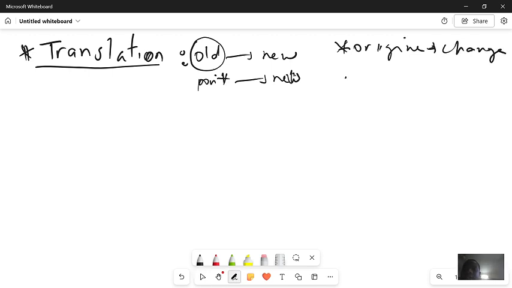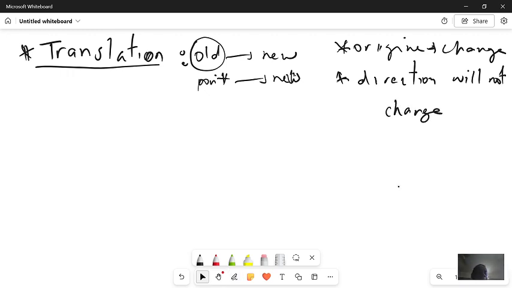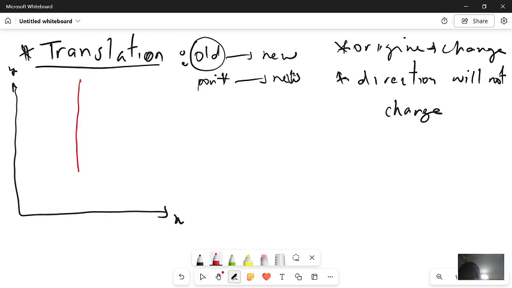The origin will change, but the direction will not change. The direction will not change, only the origin. Let's see. Let's say, for example, I have this plane with coordinates small x and y. Now I have a new coordinate plane with capital X and a capital Y.